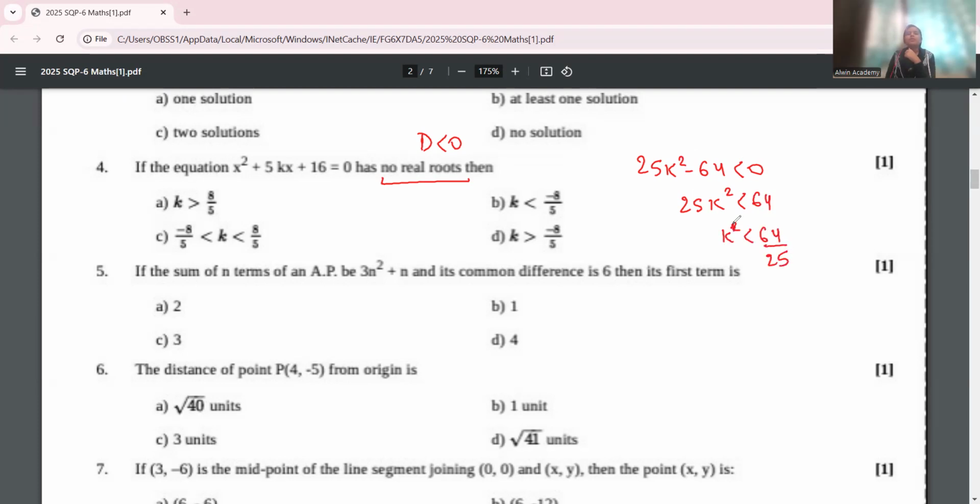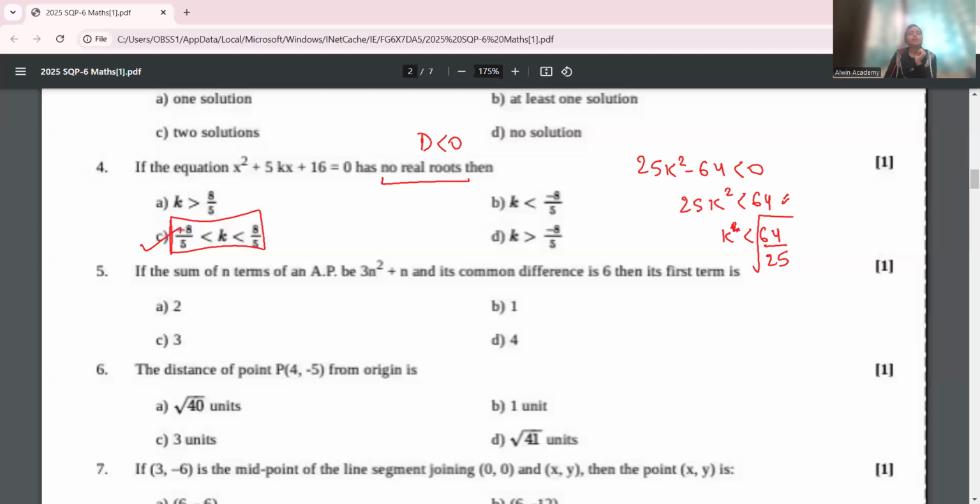Now, since we are going to put this whole under root, we get that k should be greater than minus 8 by 5 and less than positive 8 by 5. So k's value should lie between these two values for its square to be less than 64 by 25. Thus, the answer is option number C.